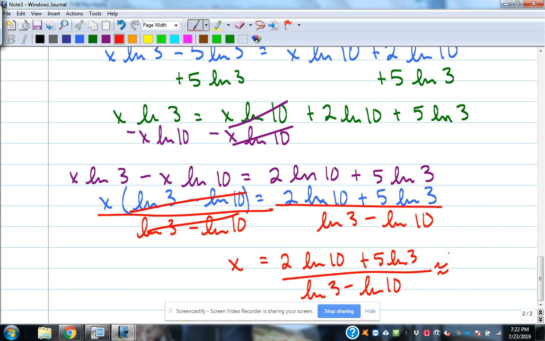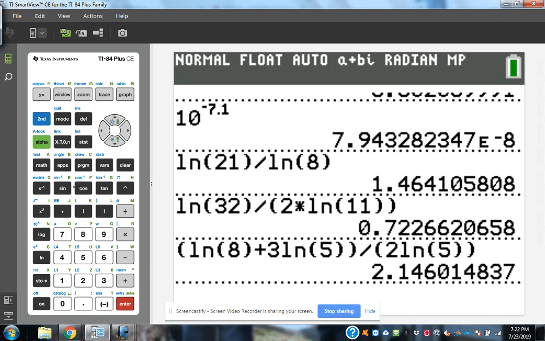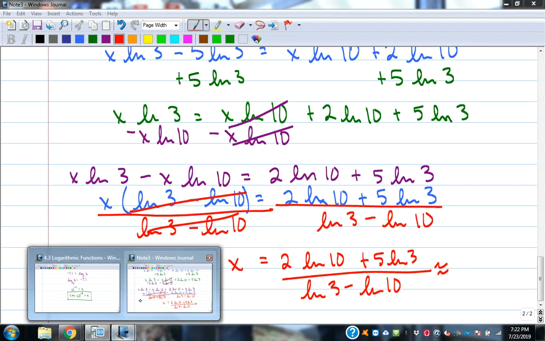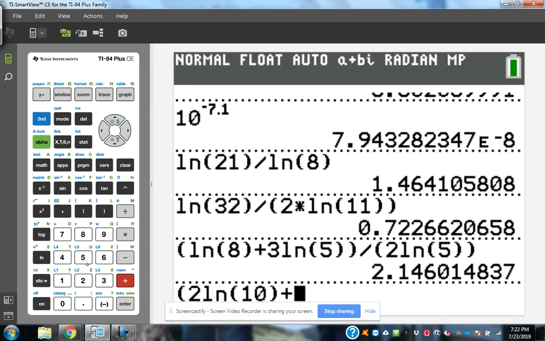And we're going to get the decimal approximation for that. Ugly looking answer, but it's going to turn into just a little decimal. It's got 4 decimal places. So parentheses 2 natural log of 10 plus 5 natural log of 3, divided by parentheses natural log of 3 minus natural log of 10.